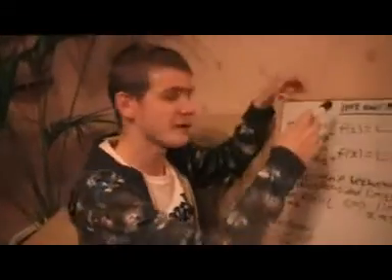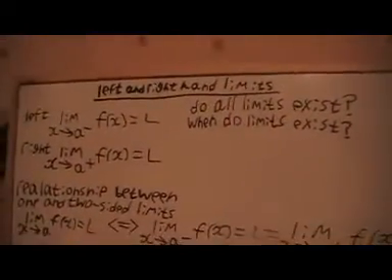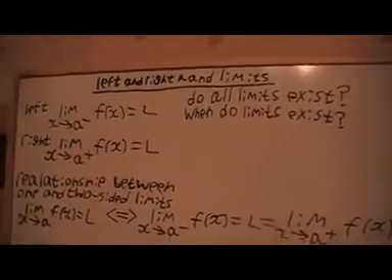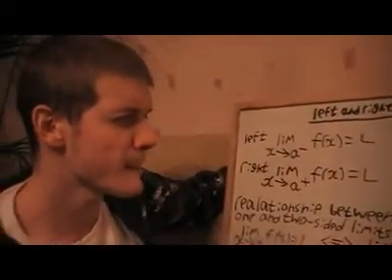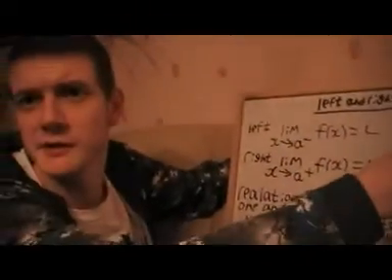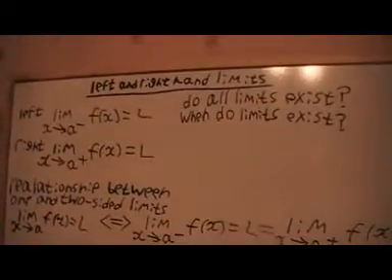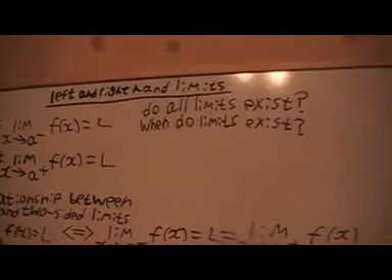Right, in this video we're going to continue to work with limits, and this time we're going to be looking at left and right hand limits. The main reason we're doing this video is to answer basically two questions. Do all limits exist? And we'll say that no, not all limits exist.